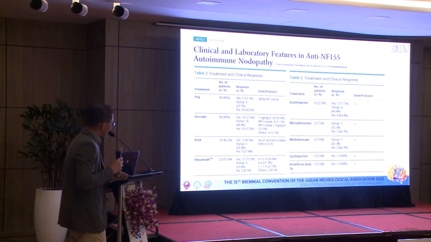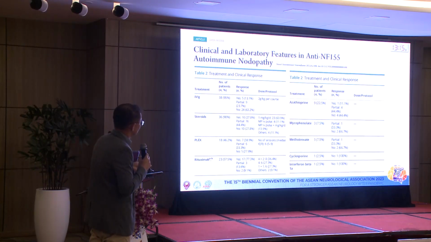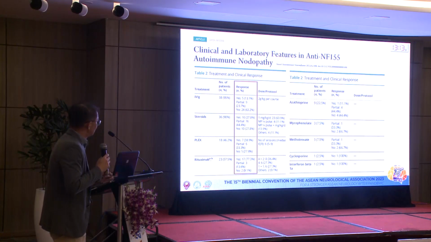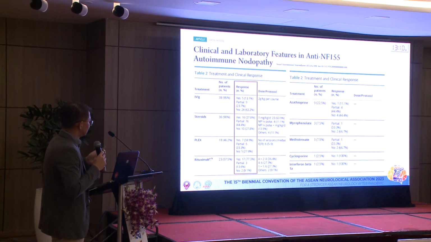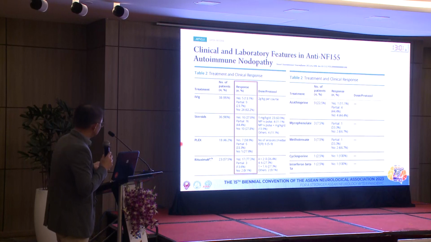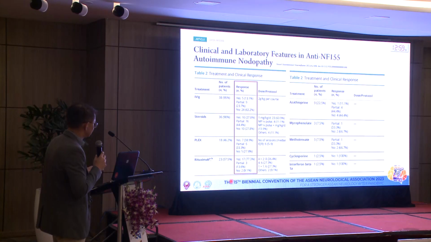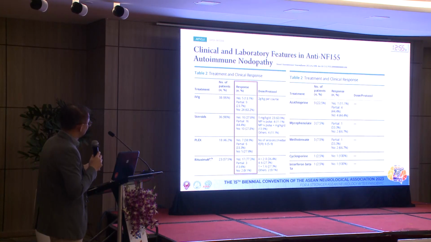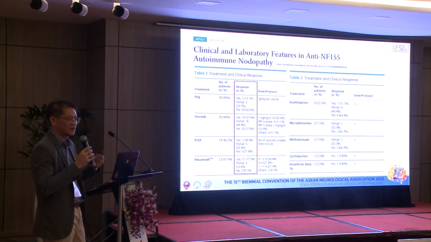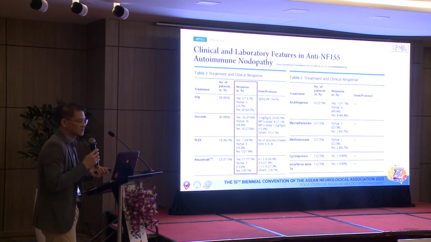Looking at studies published a couple of years ago on the response rate of nodopathy patients, mainly neurofascin 155, to IVIG, steroids, and plasma exchange with rituximab, the response rate to IVIG is about 13%, which is understandable because IgG4 forms of neuropathies.